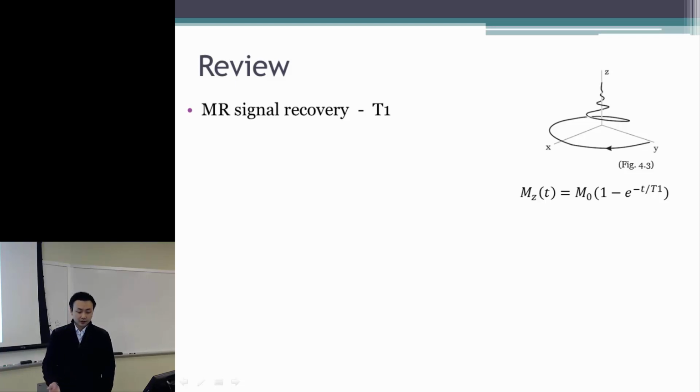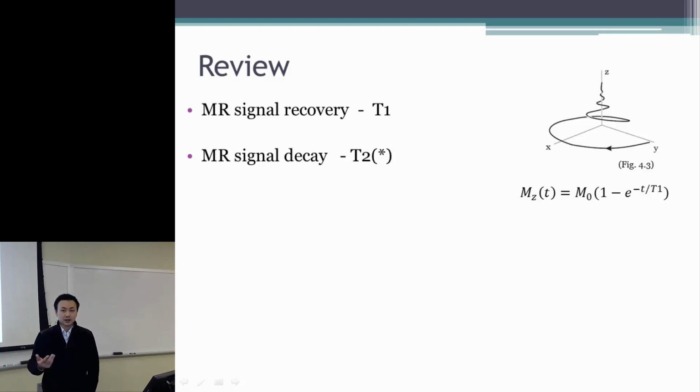The rate of this recovery is described by T1, right? And the signal located in the transverse plane will slowly decay until 0. This decay rate is described by T2, or T2 star if there are field inhomogeneities.